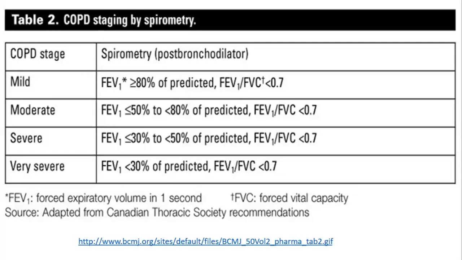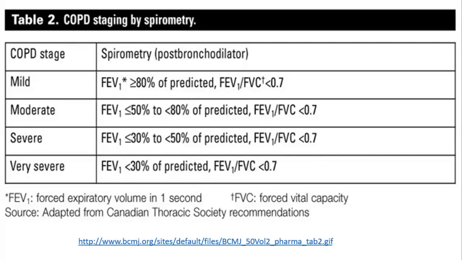So this is just a table looking at the different staging of chronic obstructive pulmonary disease by spirometry. All right? So somebody who has a mild problem, you're going to have the FEV1, which is the forced expiratory volume in the first second, equal to roughly 80% or greater of that predicted.